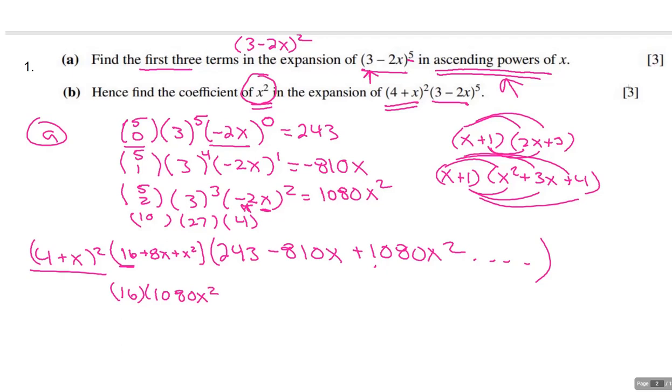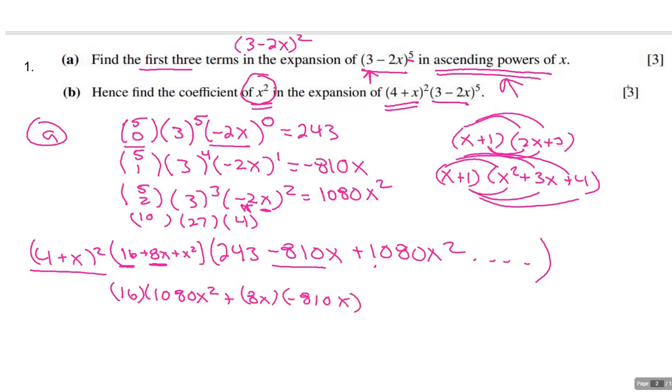All right. Now, I also have to multiply everything by this. Now, once again, if I was actually finding the product, I would multiply everything over here times 8x. But there's only one number out of these three that if I multiply times 8x, it's going to end up being x squared. What number is that? Negative 810. So, in this case, I'm going to do plus 8x times negative 810x.